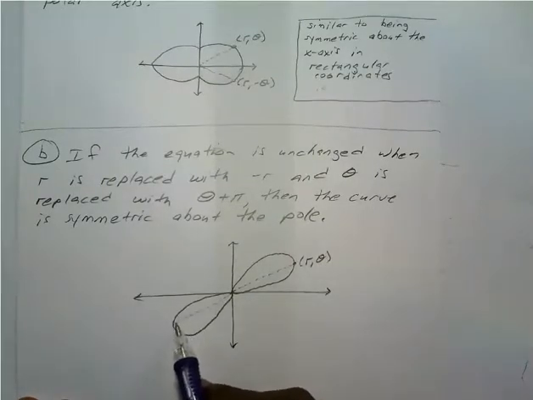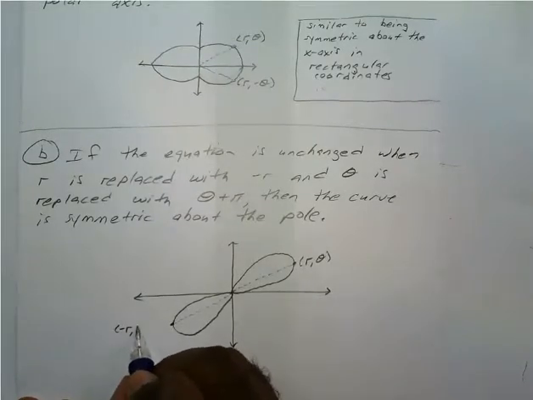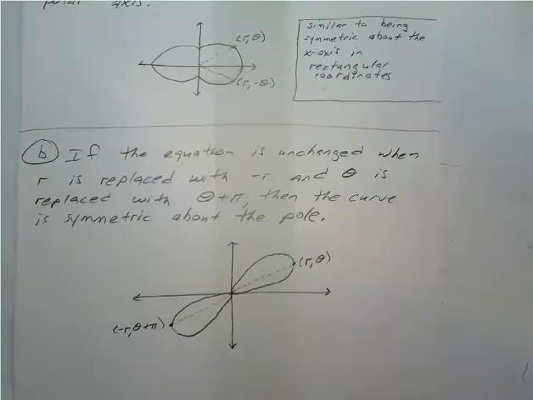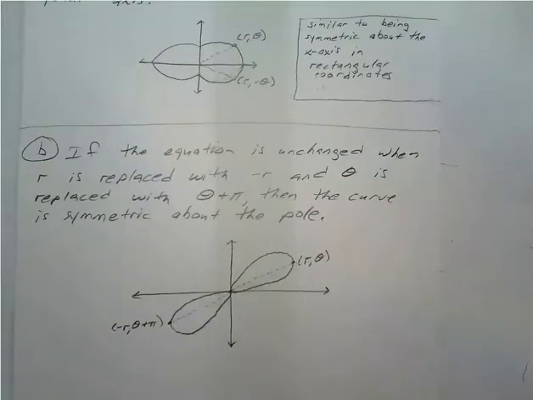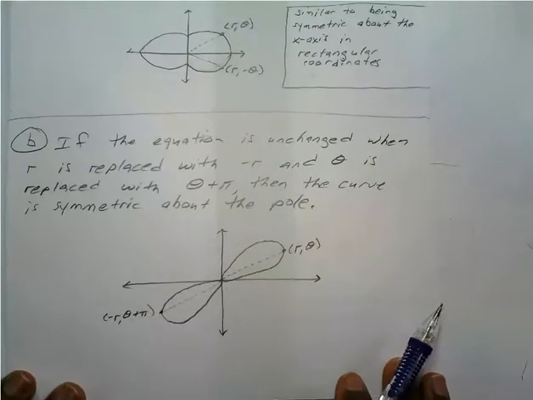And let's say we keep going to this point here, which is negative r, theta plus pi. If that's the case, both of these points should appear on the graph. So for every r, theta, if negative r, theta plus pi puts you on the curve, then you know it's symmetric about the pole.